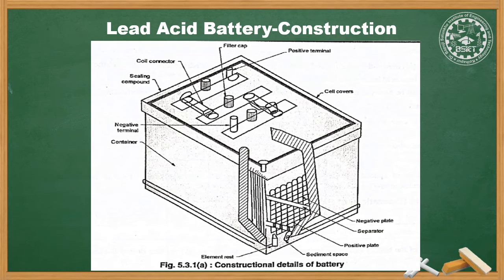Connectors must be heavy enough to carry the high current required for starting without overheating. Next is the taper terminal, and the last is the sealing compound. Sealing compounds are blends of specially processed bituminous substances having resistance to flow at high temperature and resistance to crack at low temperature.